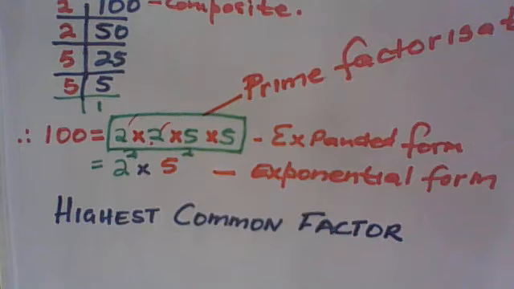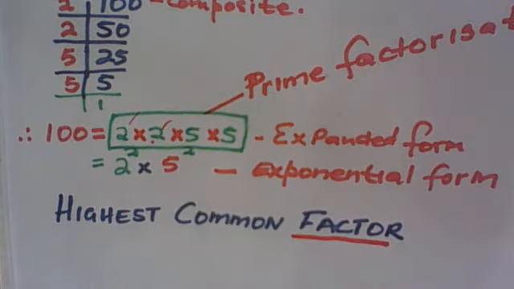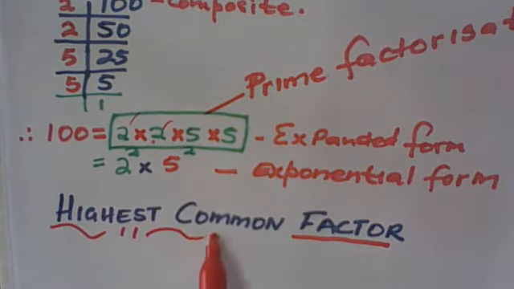The last word is very important. Factor. That means those are the numbers that are multiplied to give you a product which is a composite number.